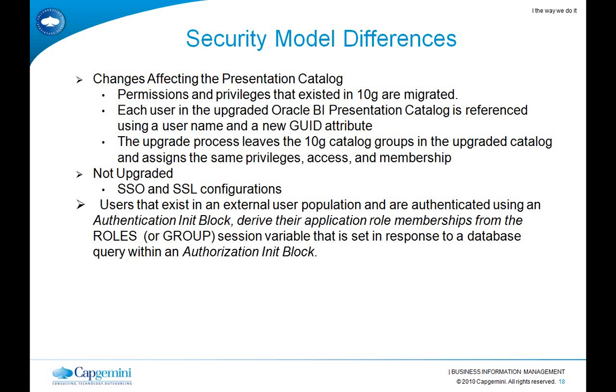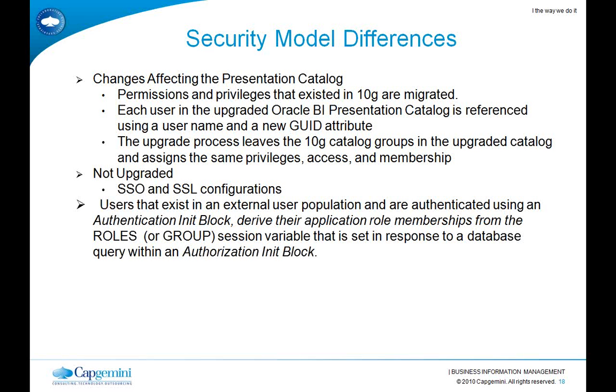Things that are not upgraded: if you are currently using an SSO or an SSL configuration within your 10G environment, those will have to be reapplied in 11G, because it is a little bit different; you are going to go through your WebLogic and Fusion Middleware to set those up. Things that are backwards compatible are your initialization blocks. Those will still work if you're using authentication and authorization.